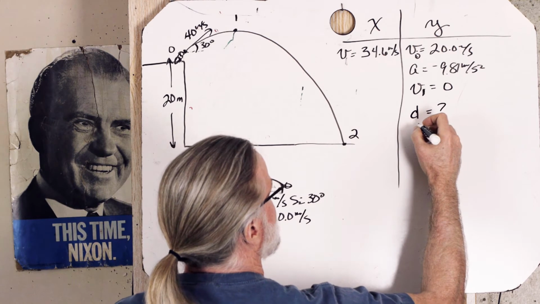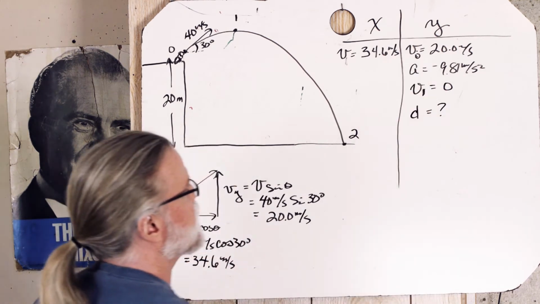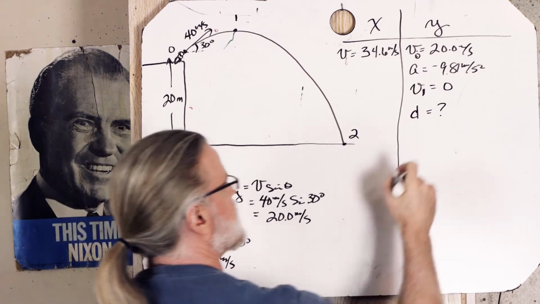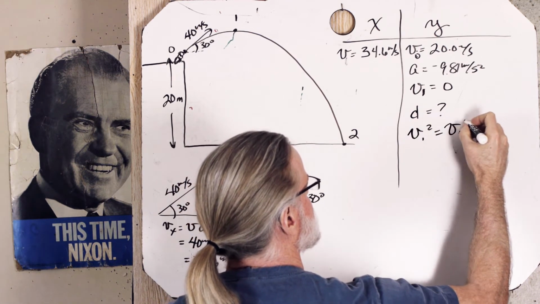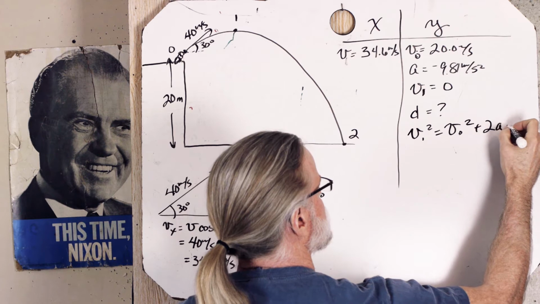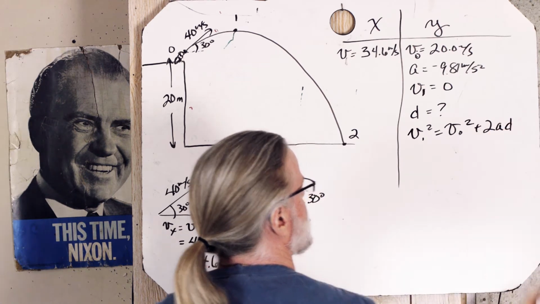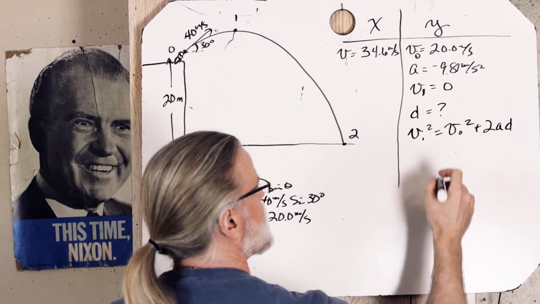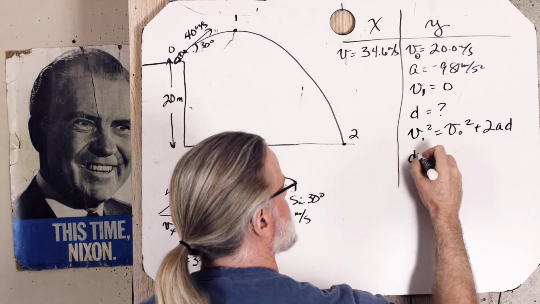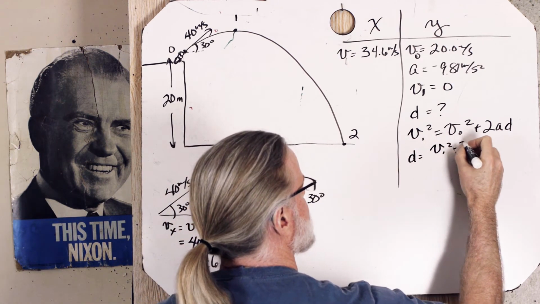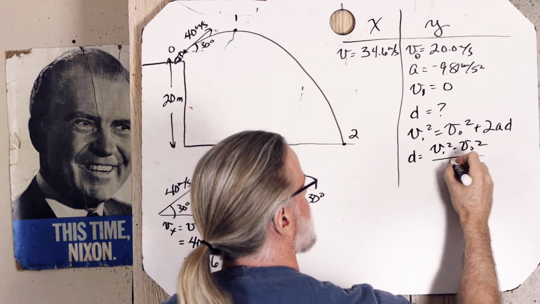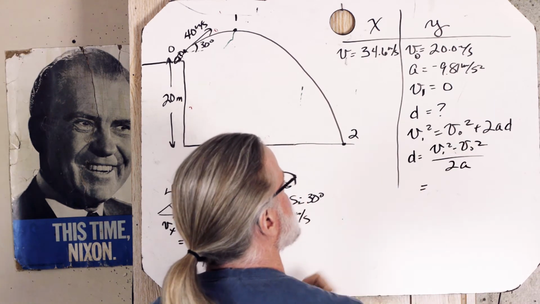So D in the y direction. It looks like we can use the equation V1 squared equals V0 squared plus 2 times the acceleration times the displacement. Let's calculate the displacement. Displacement equals V1 squared minus V0 squared all over 2 times the acceleration.